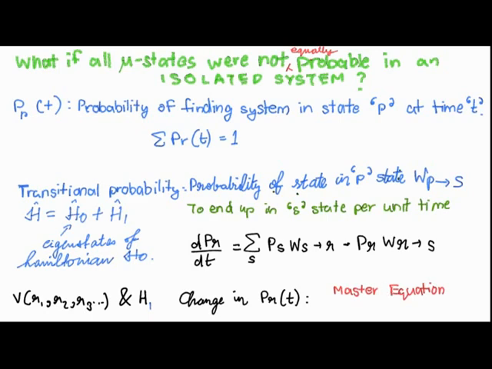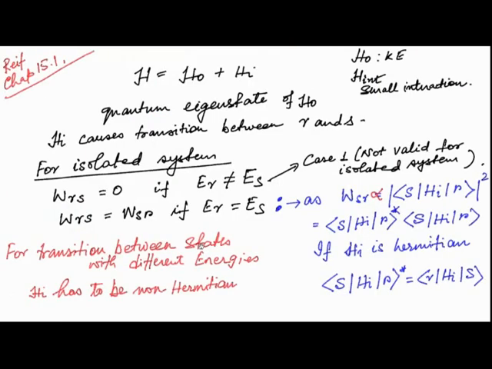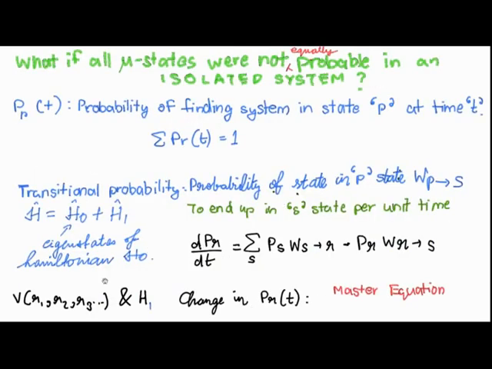You're just saying the number of particles coming in minus the number of particles going out is equal to the change in the number of particles in a certain box, if you like. I mean, that's how you could visualize it. But this is more really in terms of quantum states or microstates. Yeah.